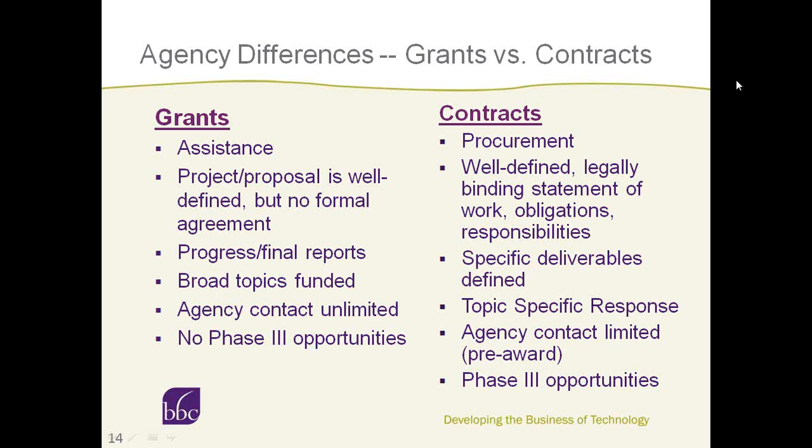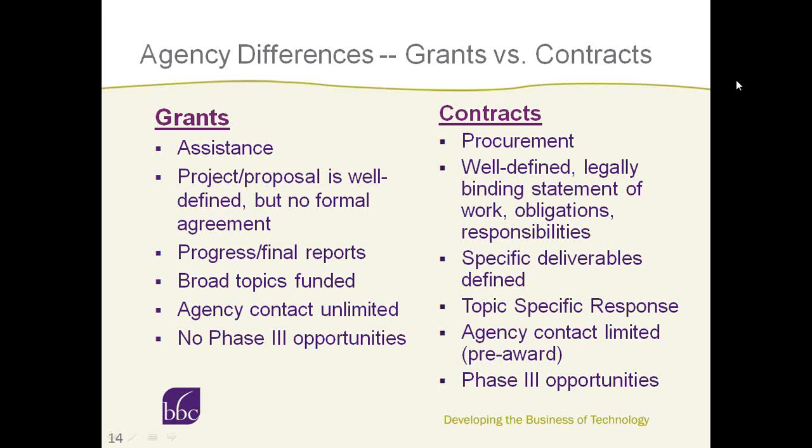Typically, the granting agencies require a few progress reports. In the case of Phase 1, only the final report at the end of the 6-month project. And you're also allowed to talk to the granting agency program managers anytime.